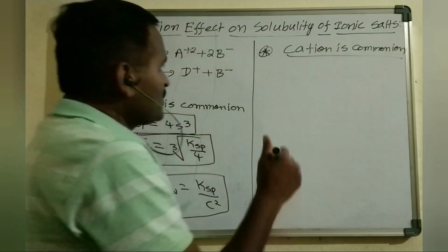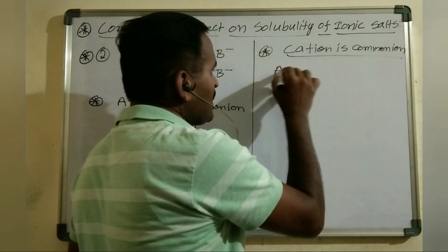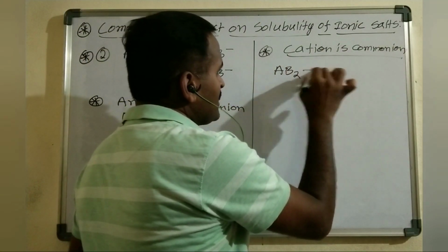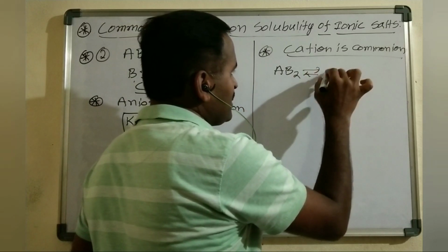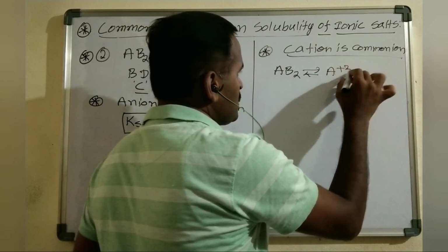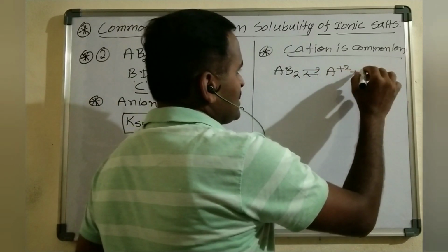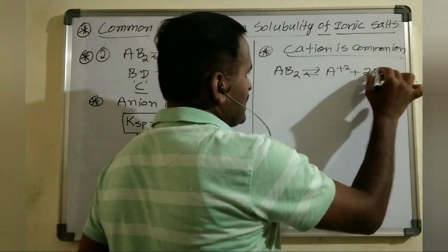So suppose for this AB2 type of electrolyte, I am taking A plus 2 plus 2B minus.